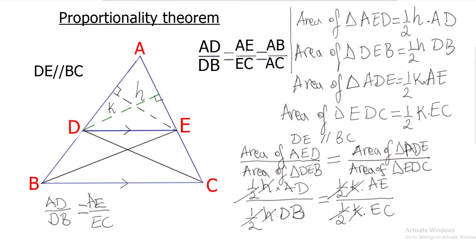So you can see these are the same. Therefore, this will be equal to AB over AC. And then, because these two are parallel, you can also say BC over DE. So this is how you prove the proportionality theorem.